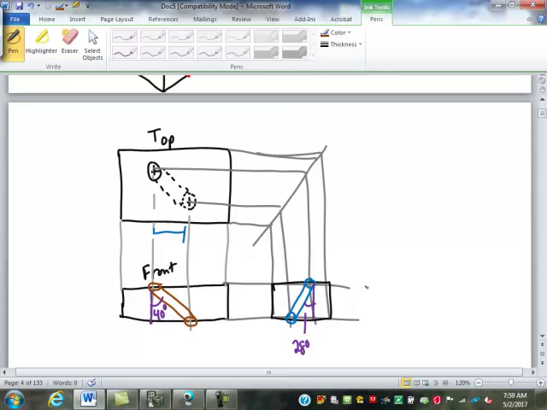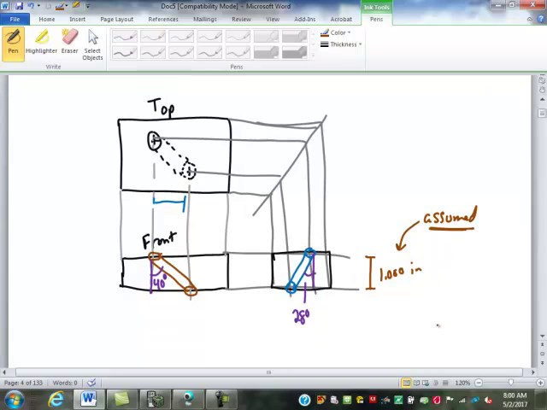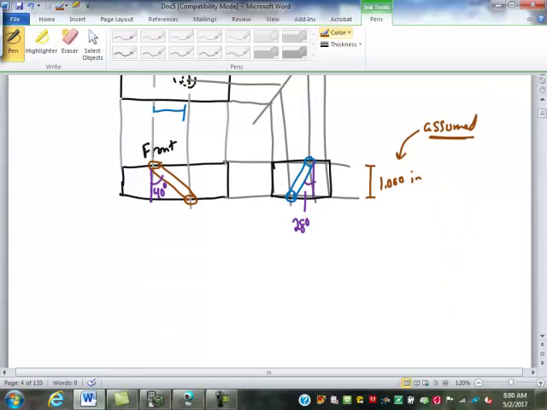So I might come here and just say, hey, I'm just going to assume that this is 1 inch thick. I'm going to write assume there because it's not really 1 inch thick. I'm just saying that it's 1 inch thick so that I can do some calculations with this, because it's all going to be proportional from there. It's similar figures. The sizes may not be the same, but the angles will be. So from that, this dimension here would be my length.